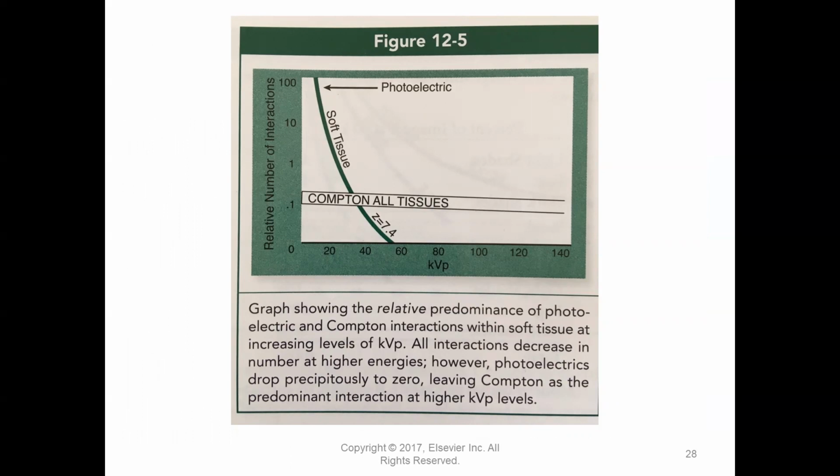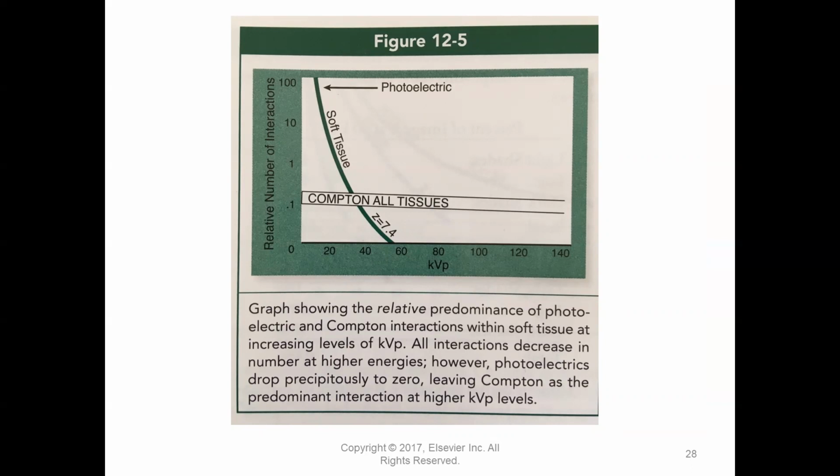All right. So this is the graph that's in your textbook. And it's very similar in terms of the slope. We're just looking at soft tissue here. It shows the average atomic number of your soft tissue and the relative number of interactions at each energy level.